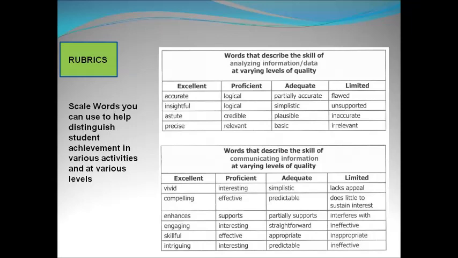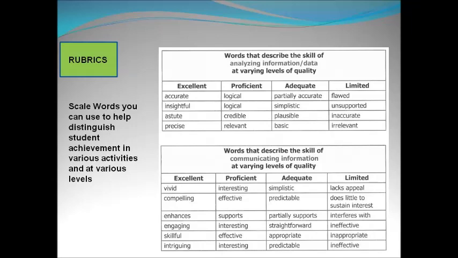Scale words. You want to make sure that your scale words talk about the same thing. So, for instance, accurate, logical, partially accurate, and flawed all are related when you're thinking about analyzing information or data. Insightful, logical, simplistic, unsupported, they're related, right?